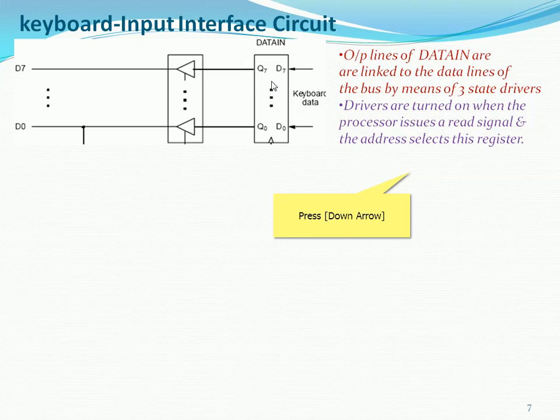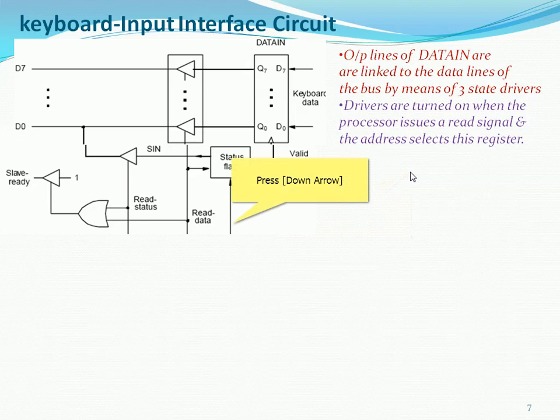The drivers are turned on when the processor is issuing a read signal and the address selects the register. Here we can see that valid is produced by the debouncing circuit. That drives the data-in register, which is a D flip-flop, and the same thing goes to the status flag.